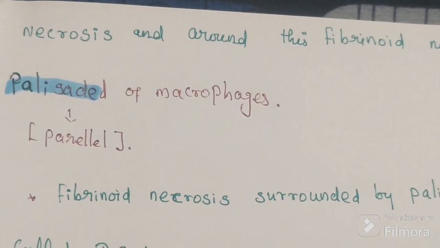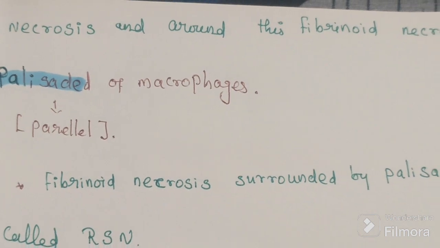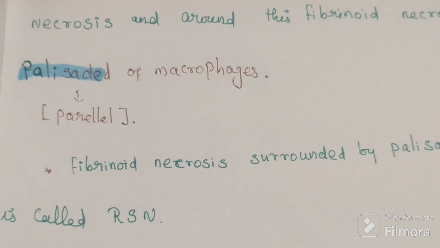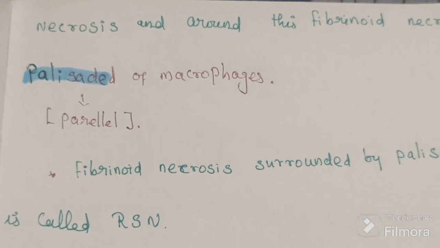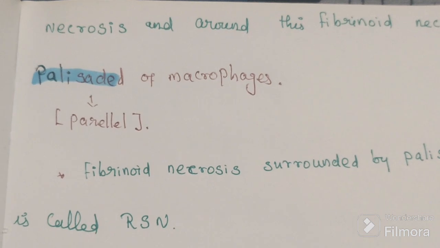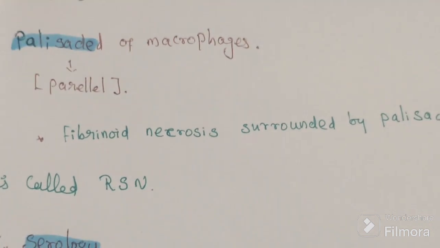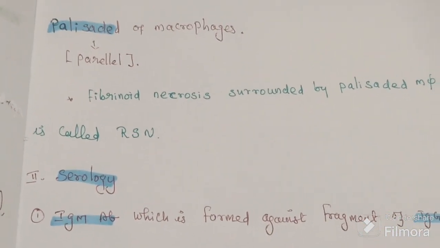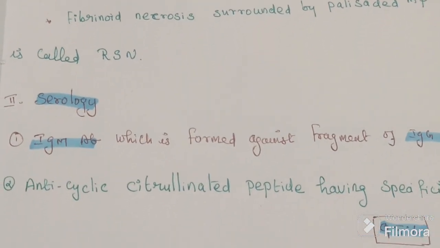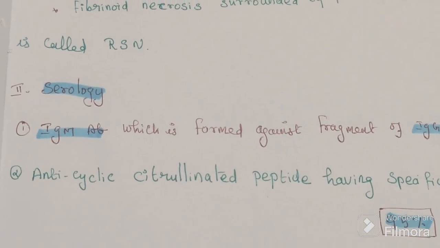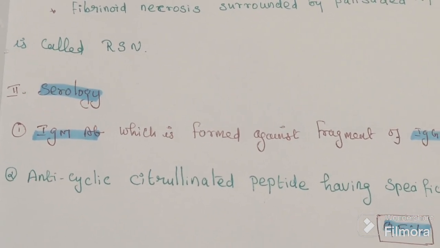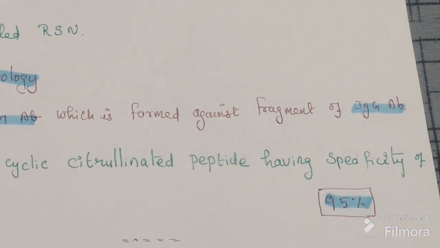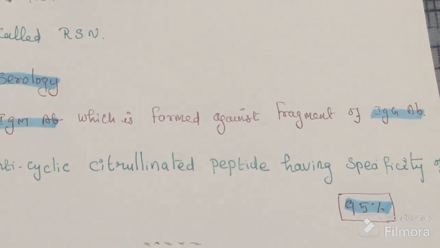There are two characteristic biopsy findings in rheumatoid arthritis: one is pannus, the second is rheumatoid subcutaneous nodules. Next is serological investigation, which has two important features. First is IgM antibody formed against the fragment of IgG antibody.